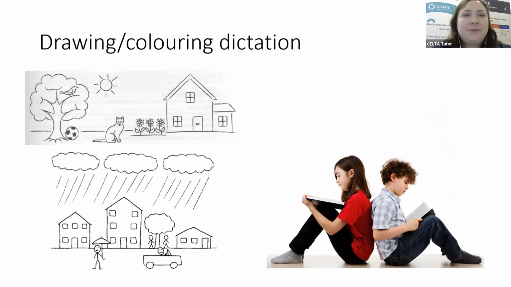What you could do is give them the same picture, or different pictures, and they can color the picture on their own if they like, and then dictate to their partner, or they can ask their partner to color the picture for them the way they want it. They can just say, color this like this. So color the house green, color the cat gray.